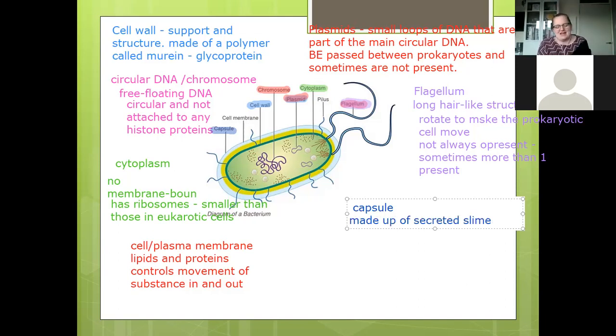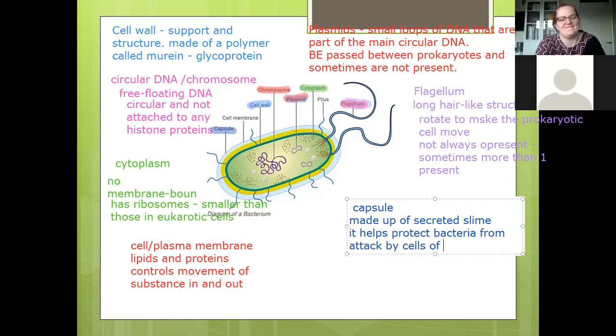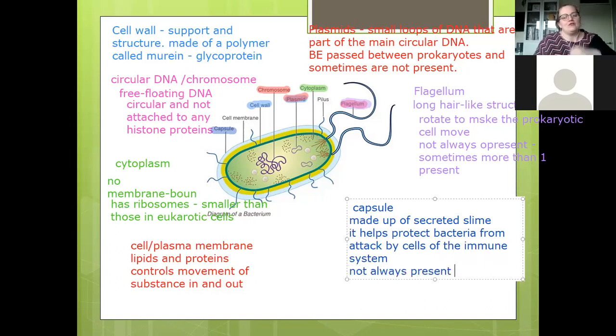It helps protect the bacteria from attack by cells of the immune system. So flagellum, capsules, and plasmids are not always present. Everything else is always present.